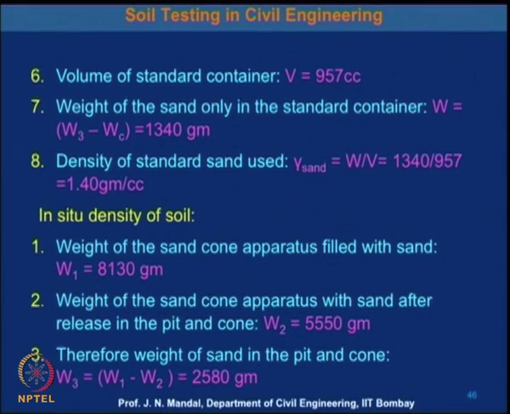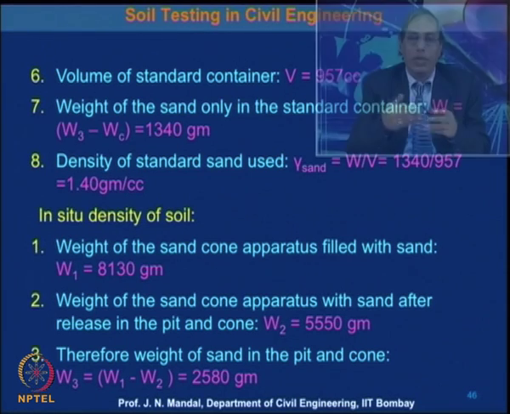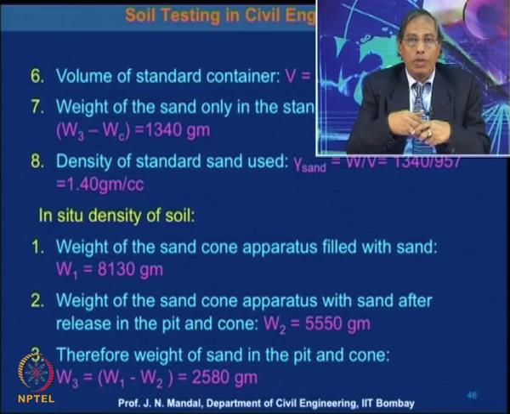Now, the weight of the sand only in the standard container, W, is equal to W3 minus W2, which is 1340 gram. Next, the density of the standard sand used, that means gamma sand, is equal to W by V, that is 1340 divided by the volume 957. So, the density of the standard sand comes to 1.40 gram per cc.